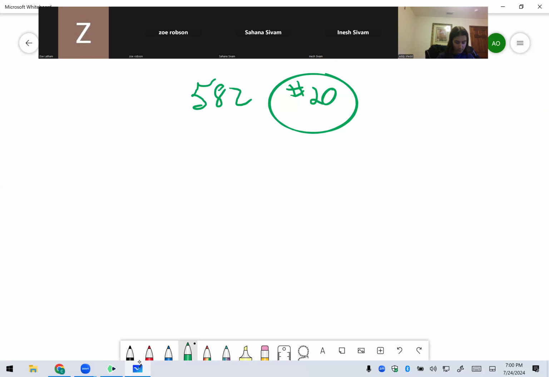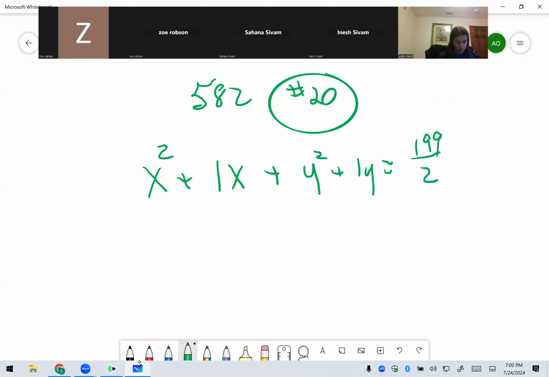So anyway, we have x squared, and I'm going to put plus 1x there. My job is to get the radius, so we have to complete the square first.